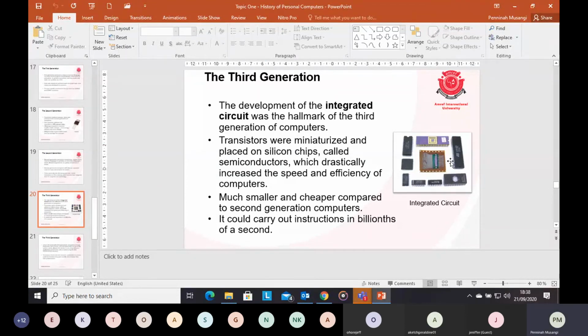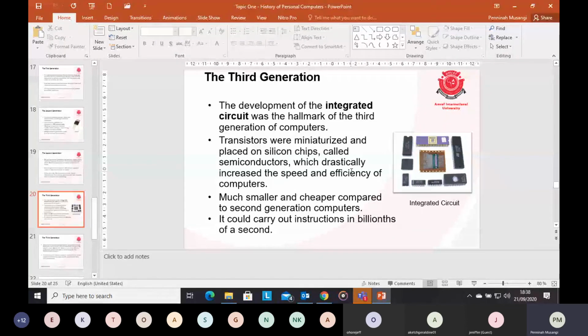So these integrated circuits were a form of transistors, but transistors which were small in size, and they were placed on silicon chips, which were called semiconductors.